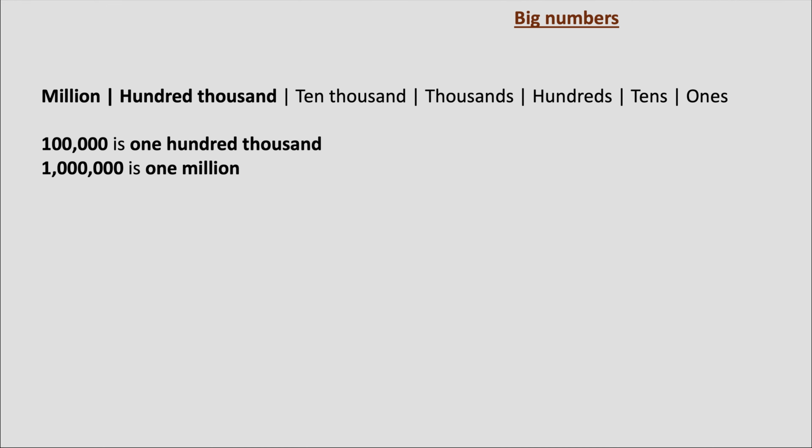Next, let's look at big numbers. Many graphs and tables use large numbers, so we need to be comfortable with them. First, a quick reminder. We have ones, tens, hundreds, thousands, 10,000, 100,000, and then a million. So, this is 100,000 and this is 1 million.